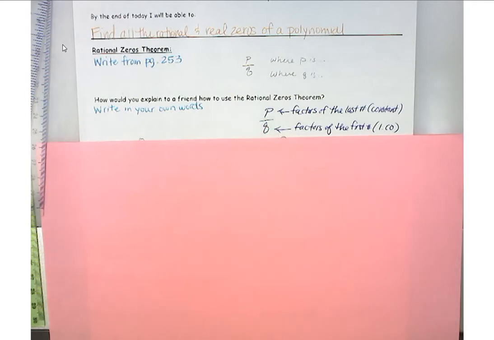Divide. Okay, so you're going to divide to find what all of your possible rational zeros are. So you are going to use the rational zeros theorem to find the possible rational zeros. That is something that you did in Algebra 2, and something that we will revisit today.